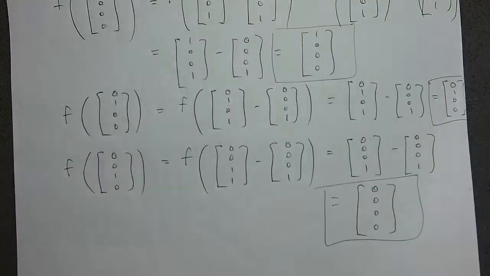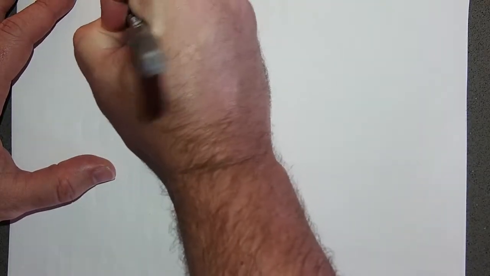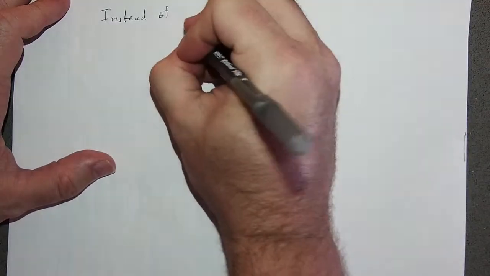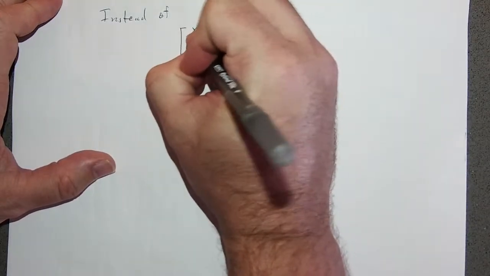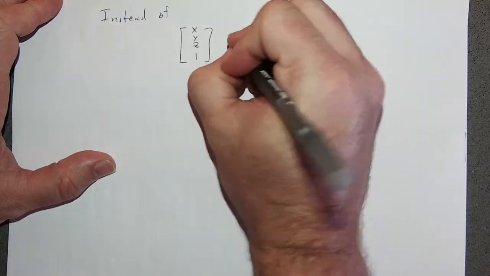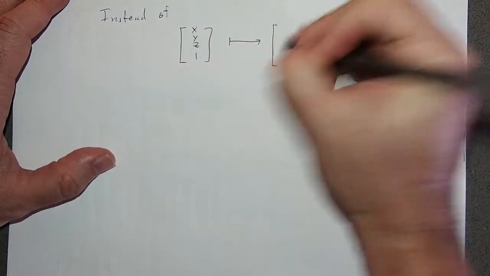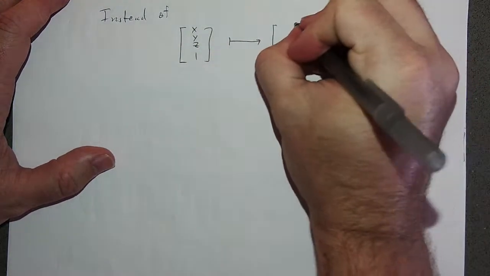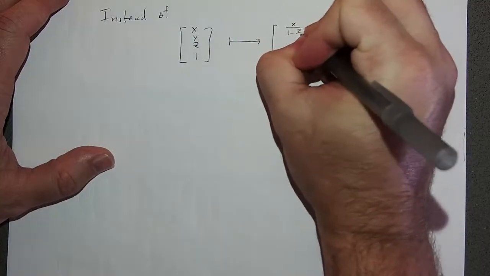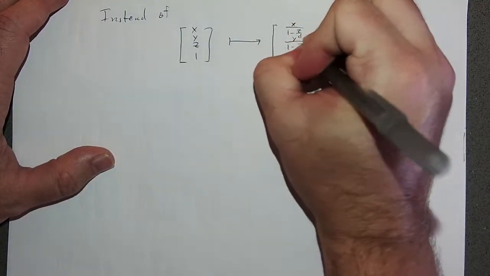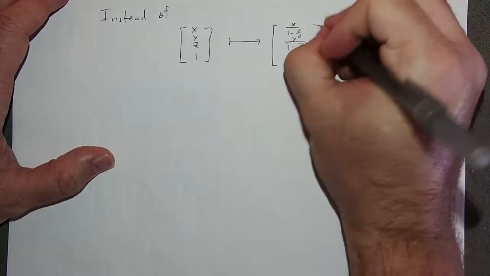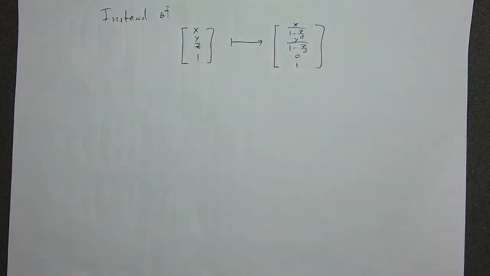So instead of trying to do this transformation, where we've been trying to send that to x over 1 minus z over d, y over 1 minus z over d, 0, 1, let's do the following.